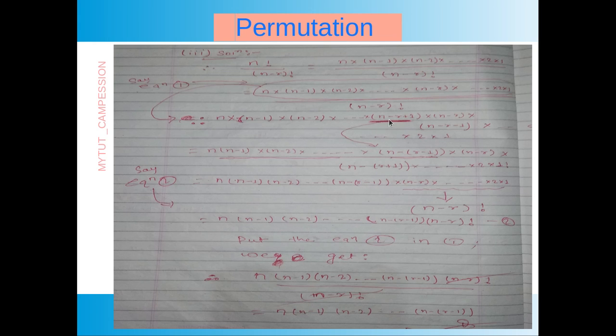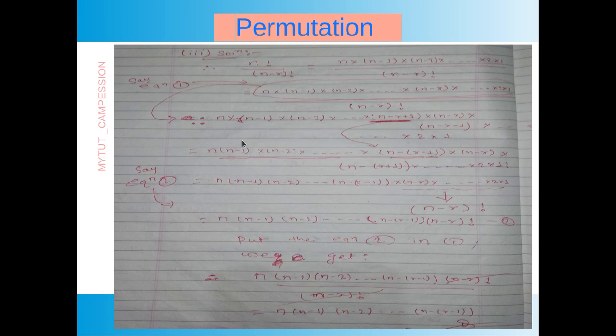Similarly you can write n minus r minus 1 equal to n minus r plus 1 in this way. So you can get it like this way: n into n minus 1 into n minus 2 dot dot dot n minus r plus 1 into n minus r into n minus r minus 1 dot dot dot 2 into 1.